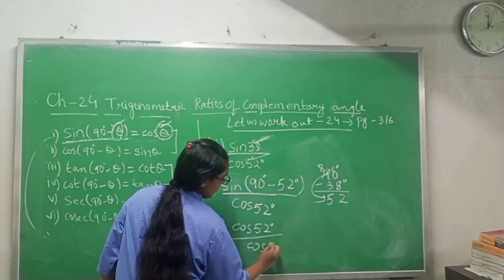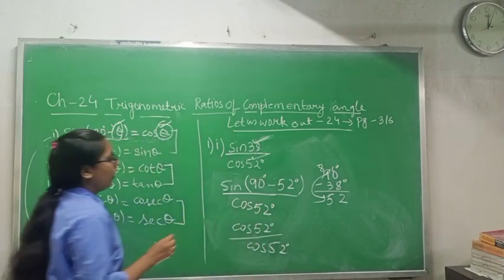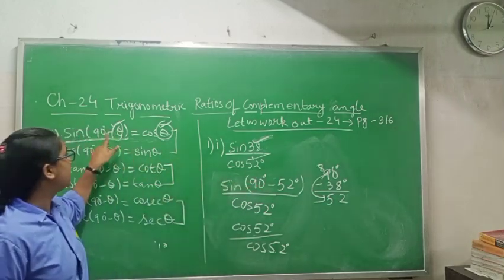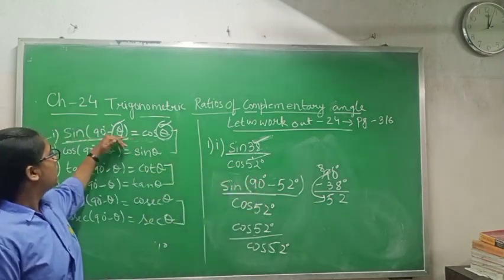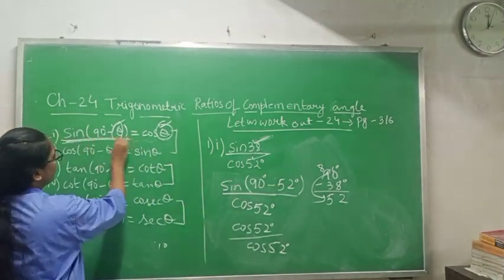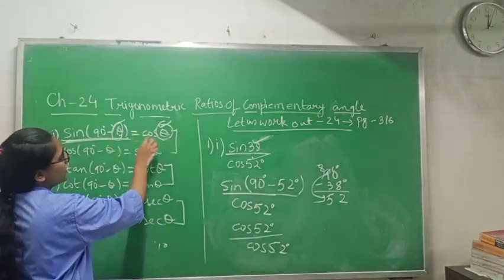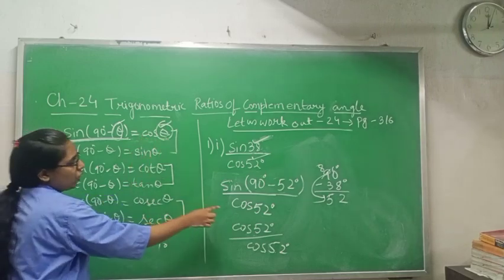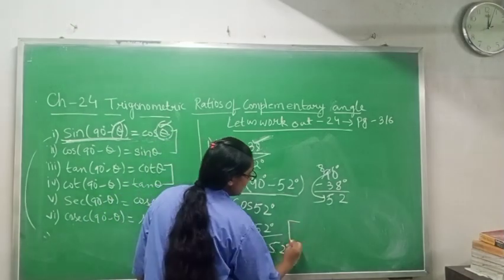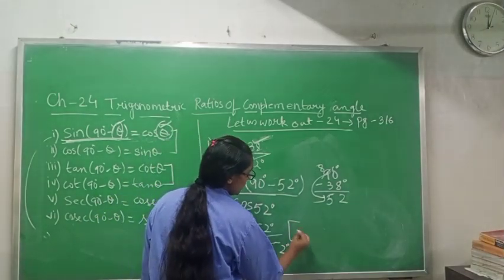Why? See this formula: sin 90 degree, then minus sign, then theta is 52. So in this place we can write cos theta. Cos theta means cos 52 degree, because the value of theta is 52 degree. But you have to write the reason also. What will be your reason?